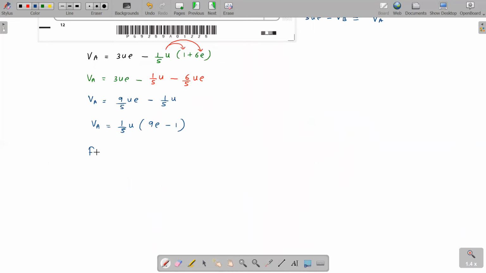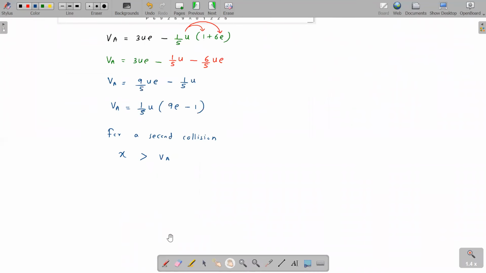So for a second collision, X should be greater than velocity of A. So what was the X value? 1/7 U times 1 plus 6E should be greater than velocity A, which is 1/5 U times 9E minus 1.